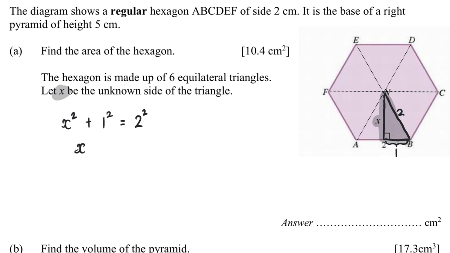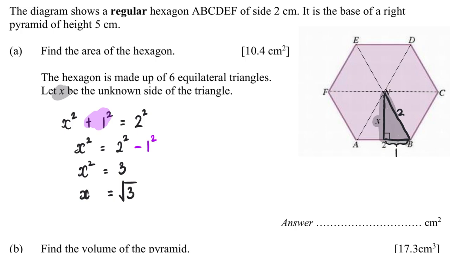So x square is equal to 2 square minus 1 square, applying algebraic manipulation. So my x square will be equal to 3, so my x is the square root of 3.